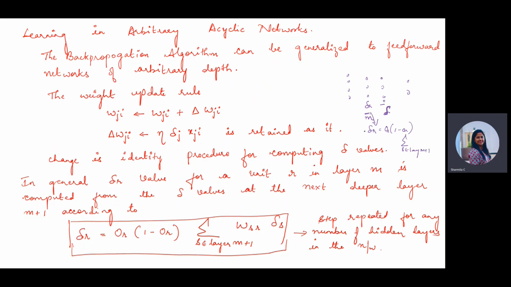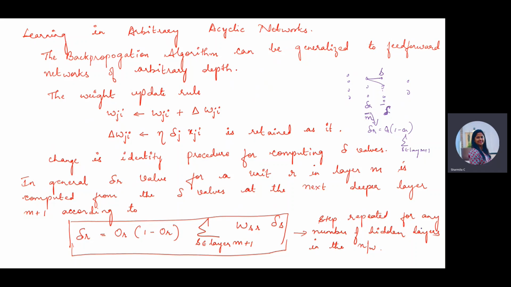In the previous case, when calculating the error term at the hidden layer, it was delta h equals Oh times (1 - Oh) times the sum over k belonging to the output units, that is the last layer. Same here, with Wsr the weights between these units, where this is r and this is s, multiplied by the error term at layer s.